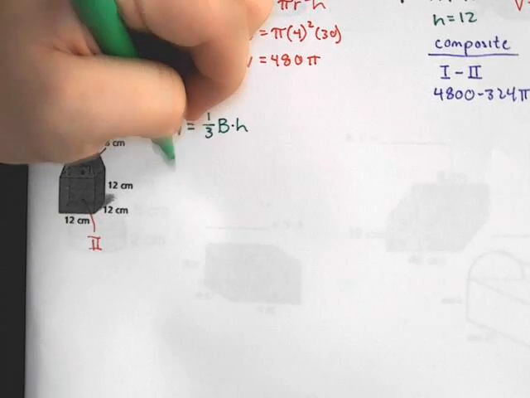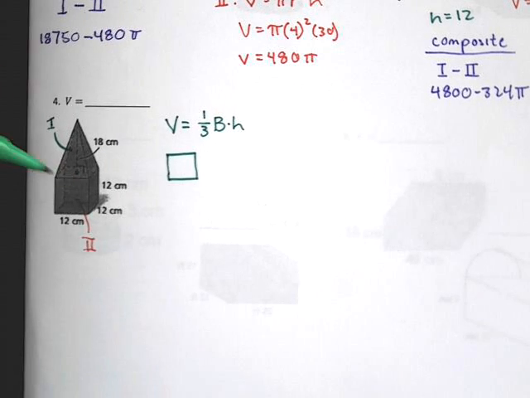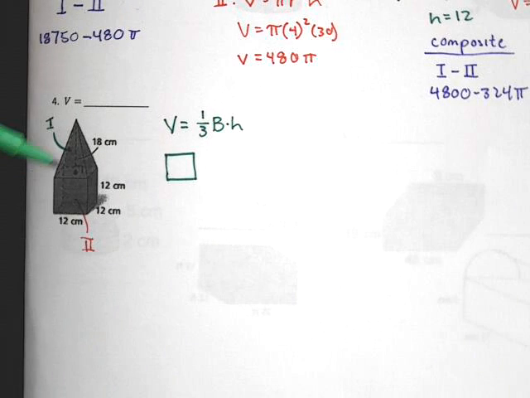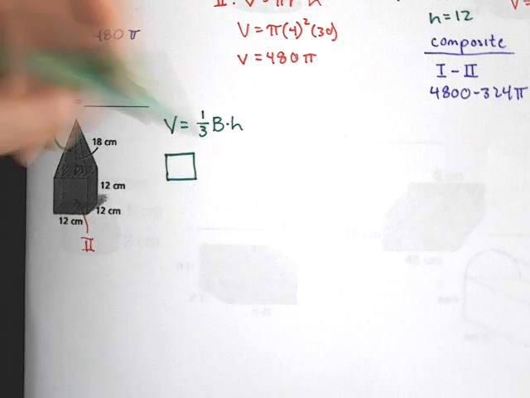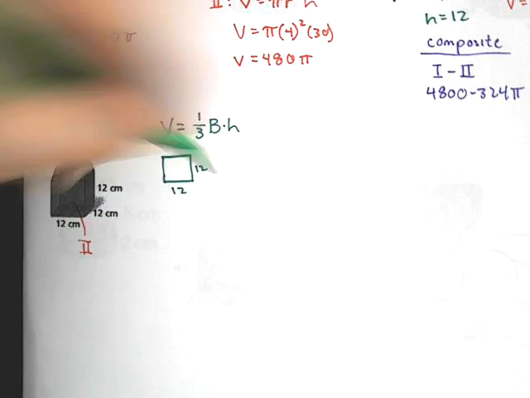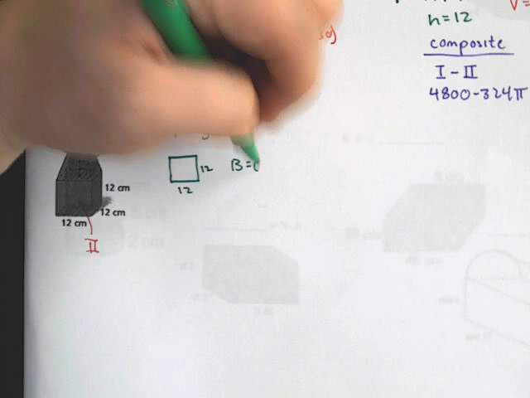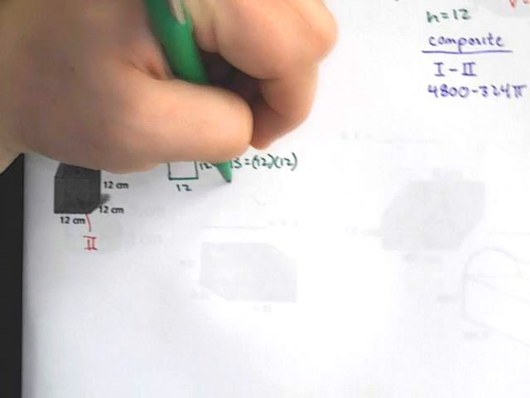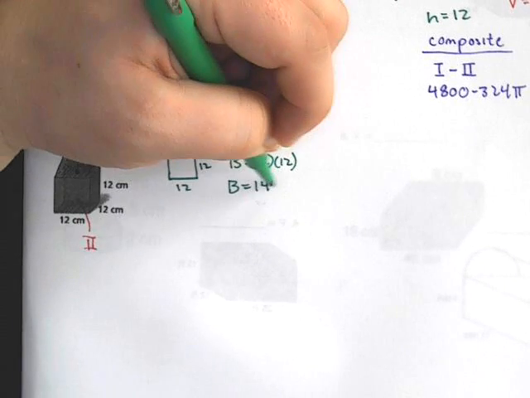Let's figure out the base. Let's sketch it. Well, I know the measurements aren't there, but this base that I'm kind of highlighting right there is the exact same as the base down here. So we can use the measurements from the bottom base for the top base as well. So capital B equals 12 times 12, or capital B equals 144.